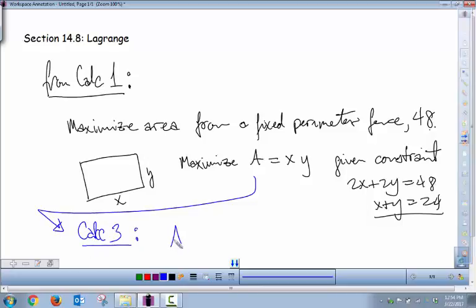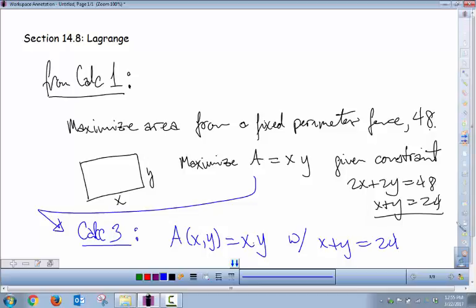where we're going to consider this as a function of two variables, and then we have a constraint, x plus y equals 24. What I'd like to do is try to get a picture of this.